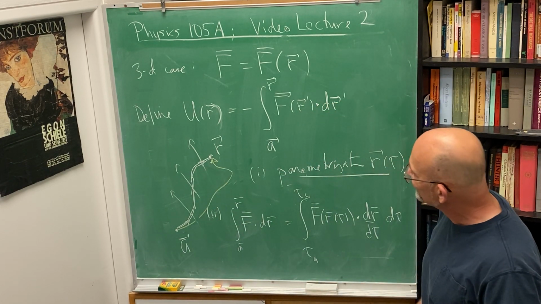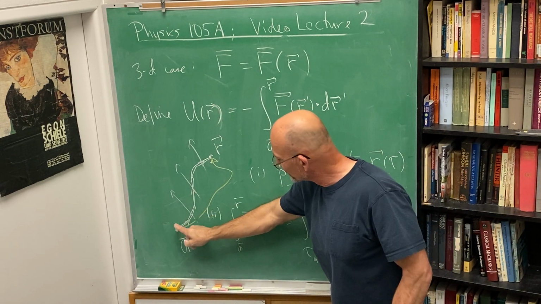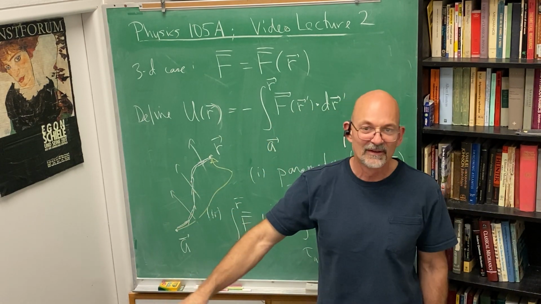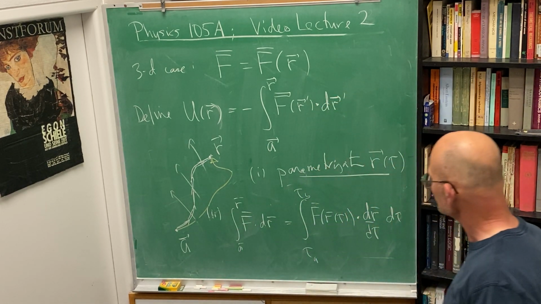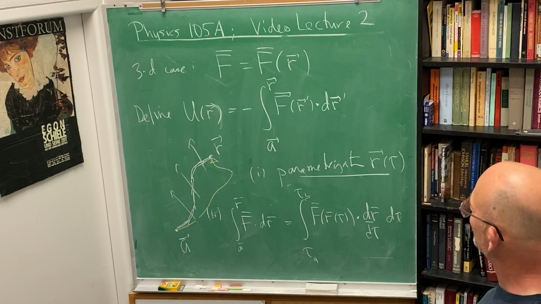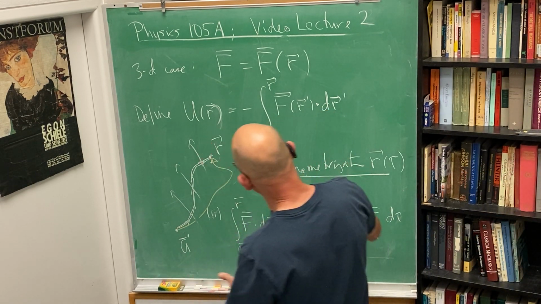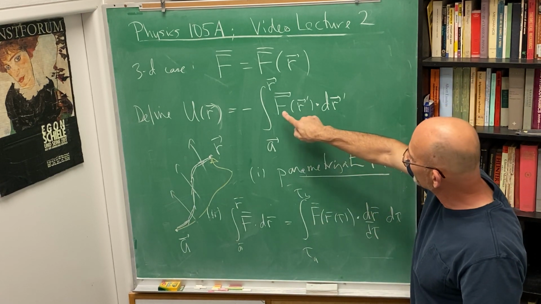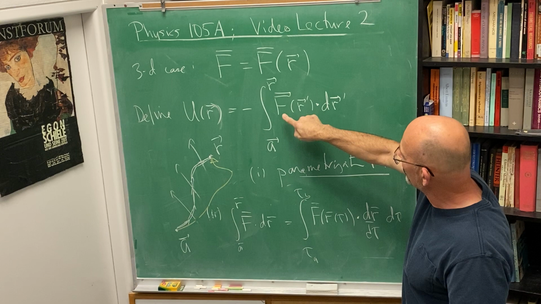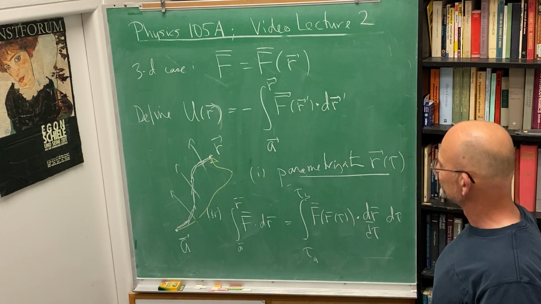That is, the condition for this to be well defined is that the integral along a closed path vanishes. That's our condition. So in so many words, the integral over a closed path vanishes.